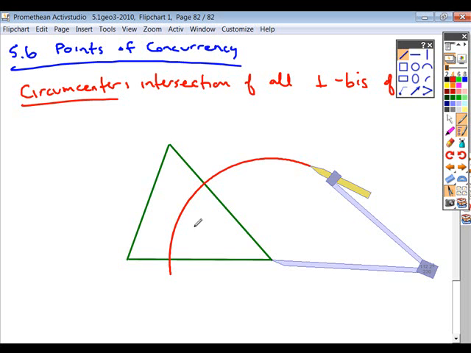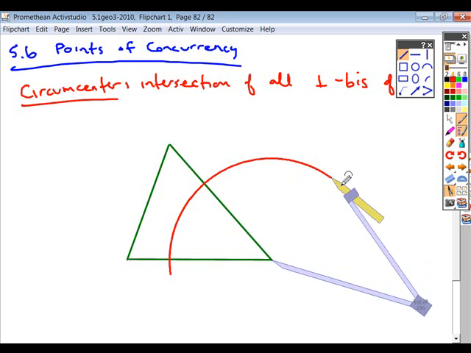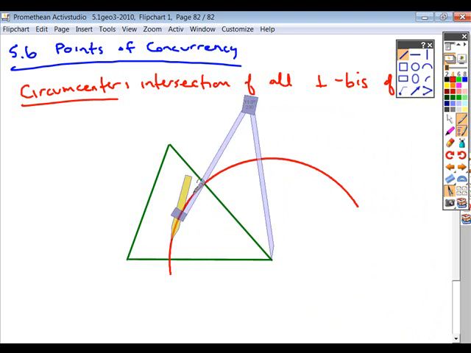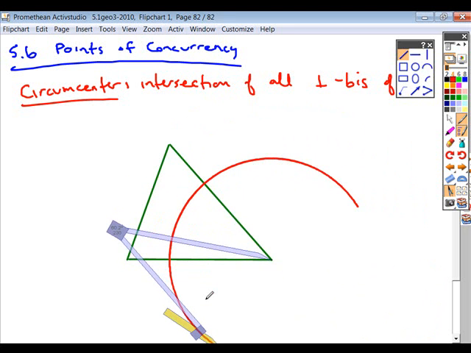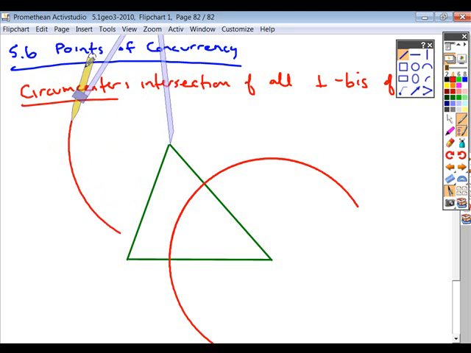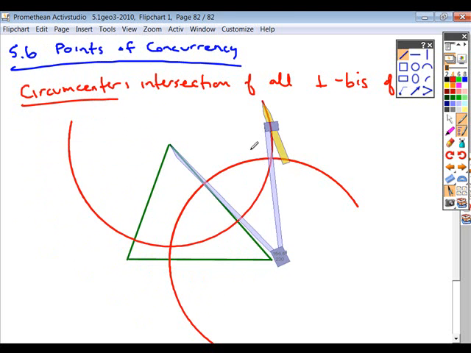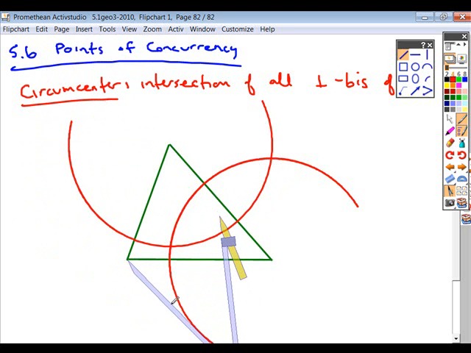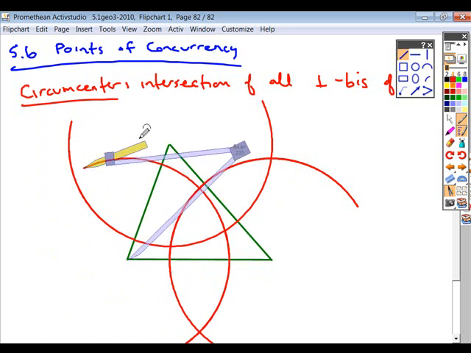Well, planning ahead, this point happens to be the endpoint of not just one side, but two sides. So if you construct almost a full circle, or at least 3/4 of a circle, from every single one of these vertices, again by setting your compass distance to at least half the length of the longest side, you're going to create all three of your perpendicular bisectors with just those three markings.